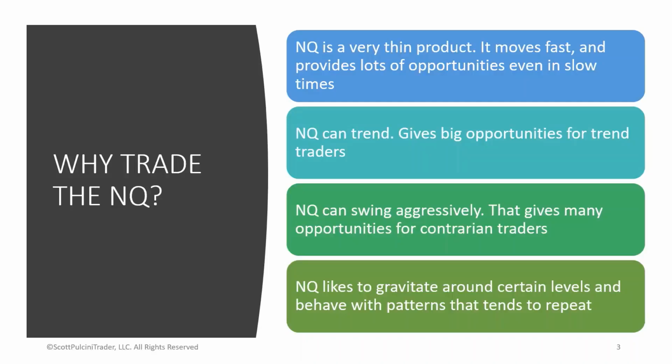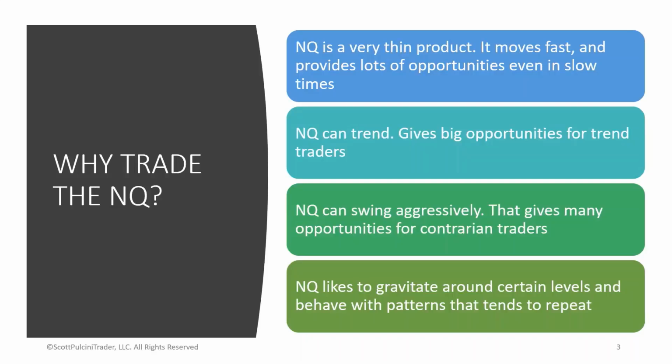NQ is a product that can trend very well. So if you're a trend trader, you can very often find trades to stay in the trend for very long time, or even for an entire day at times, and that gives you strong opportunities for staying in a trend intraday. But also NQ can swing very aggressively.